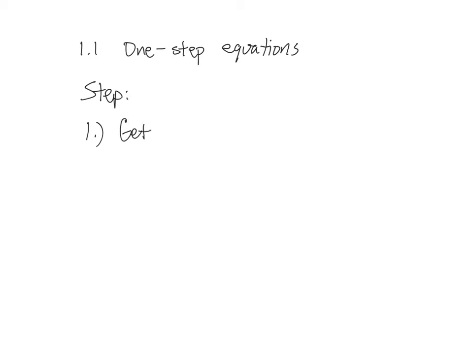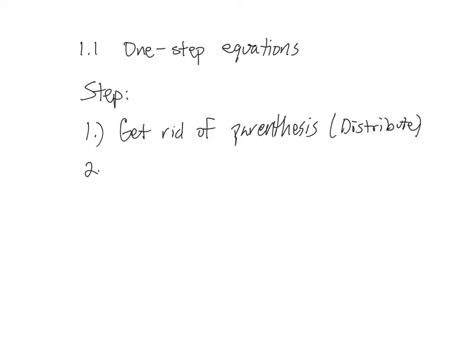First thing you want to do is get rid of parentheses. I probably spelled that wrong. I'm a bad speller. Get rid of parentheses. And to do that, we're going to distribute. You won't have to do that at all today, but you will eventually.